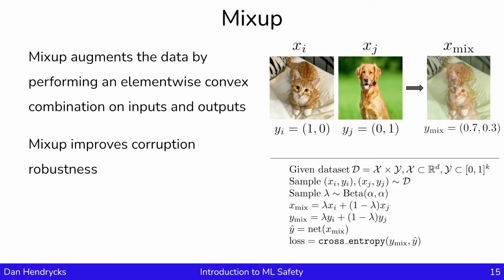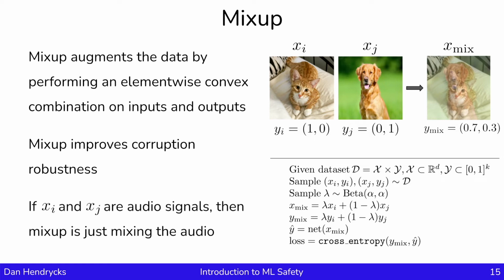It's the case that mix-up improves corruption robustness. Not that dramatically, but it is an improvement over many other techniques. And for an intuition for mix-up, instead of images, which is a little less intuitive, you could imagine x sub i and x sub j being audio signals. Then if you just mix those audio signals together, mix-up is just mixing the audio in some sense.